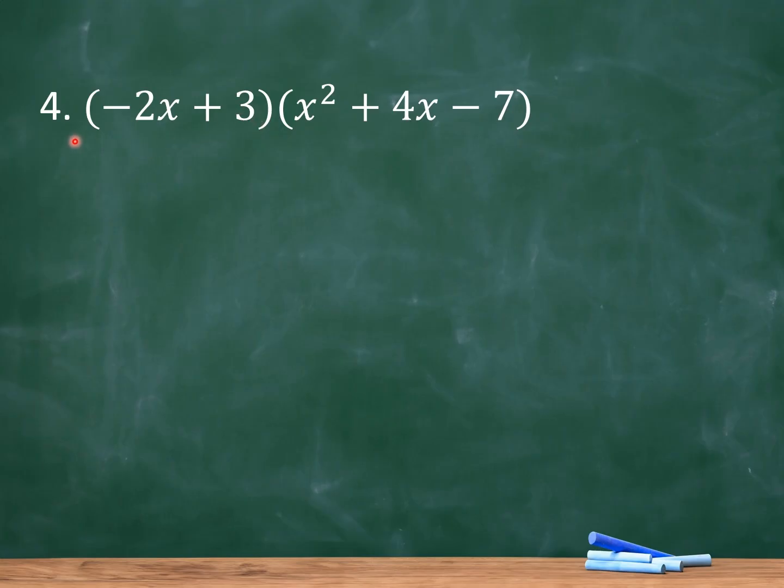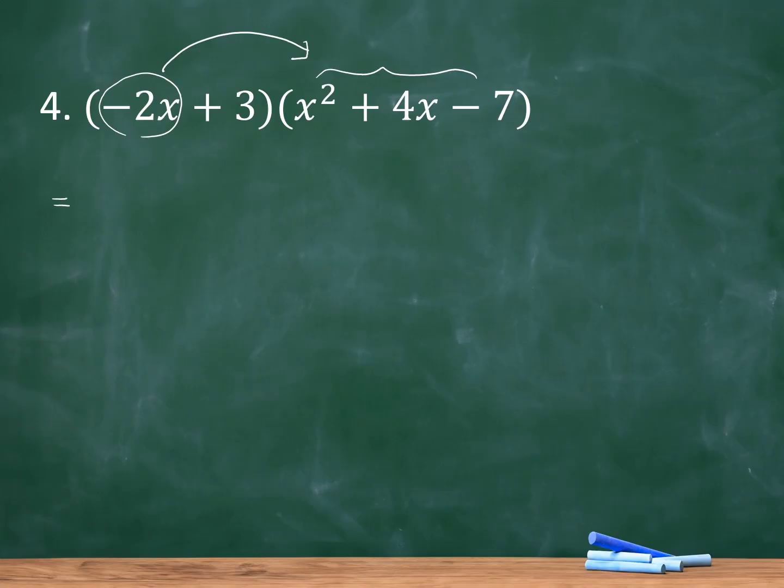Example number 4, and this is gonna be the last example for this lesson. Negative 2x plus 3 times x squared plus 4x minus 7. So the first thing we're gonna do is we will multiply negative 2x to this trinomial.